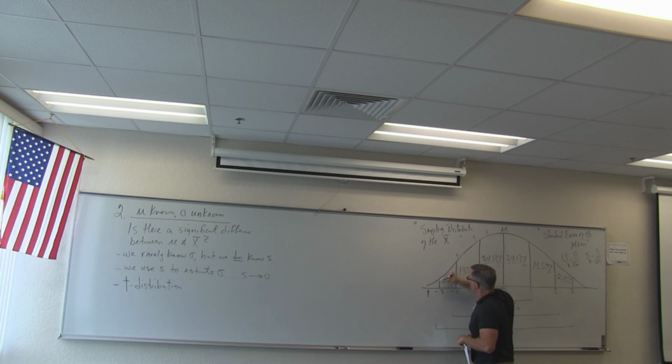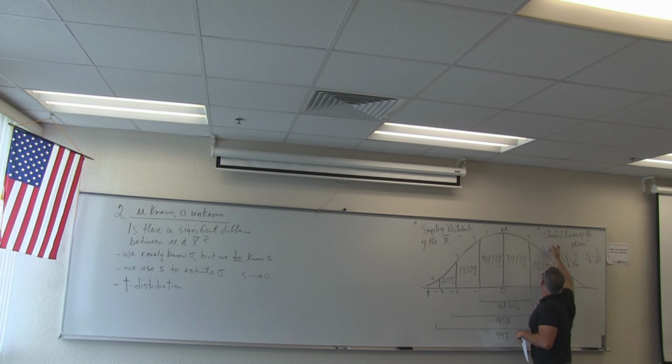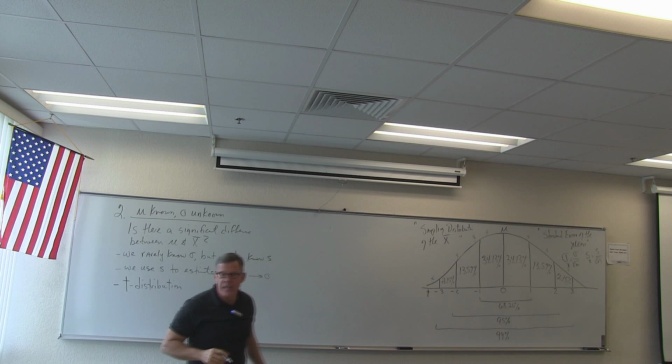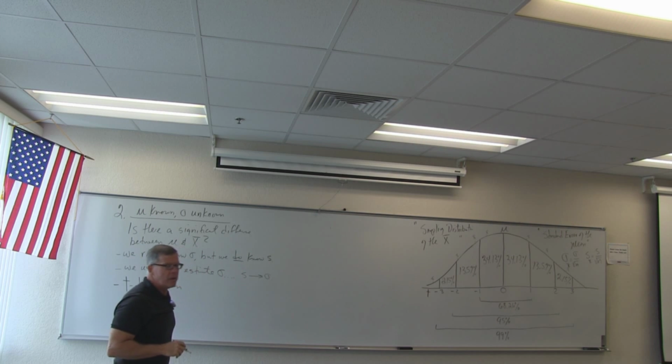We have some with not a whole lot of sampling error, some with quite a bit of sampling error. The T distribution and the Z distribution are very similar. It's kind of like the difference between a Ford and a Chevy. They're really similar.